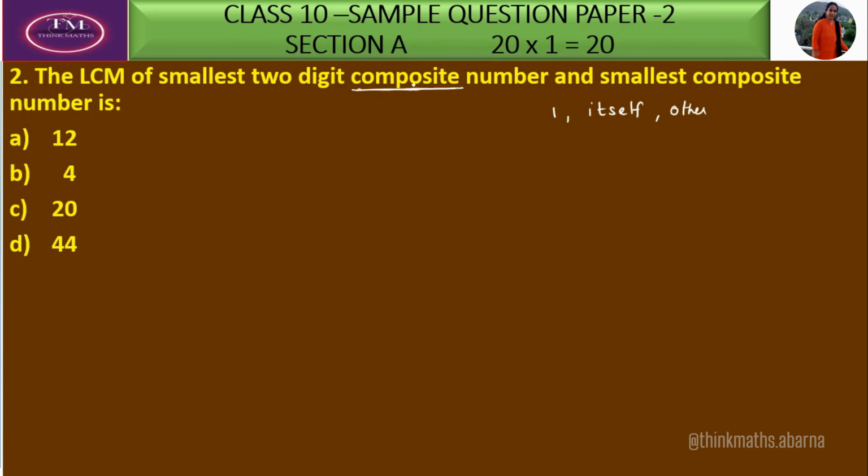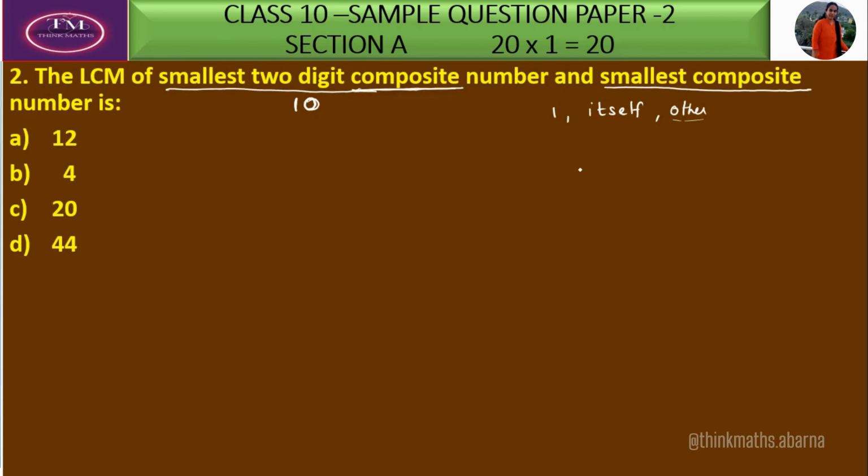What is the smallest two-digit composite number? It is 10. It is divisible by 1, itself, and also by 2 and 5. So 2 and 5 are other numbers. So the smallest two-digit composite number is 10, and the smallest composite number.